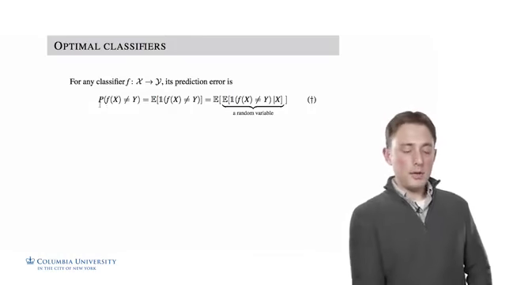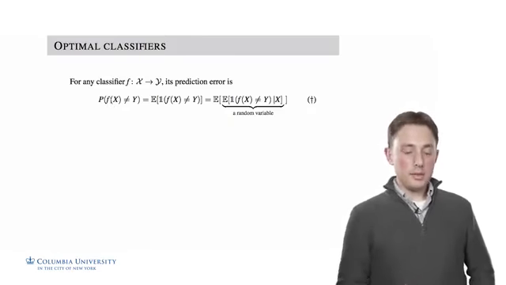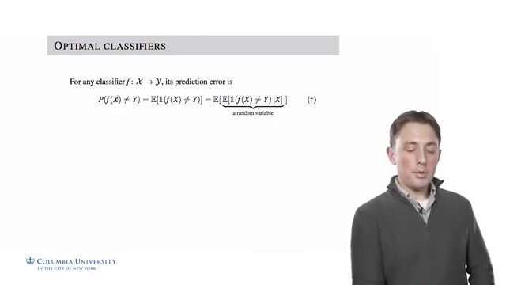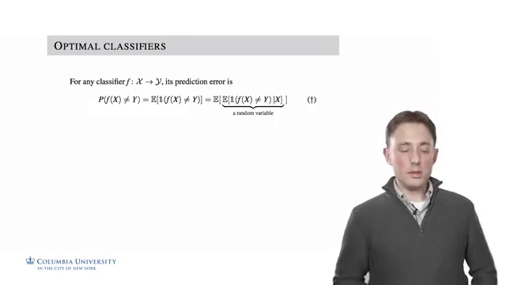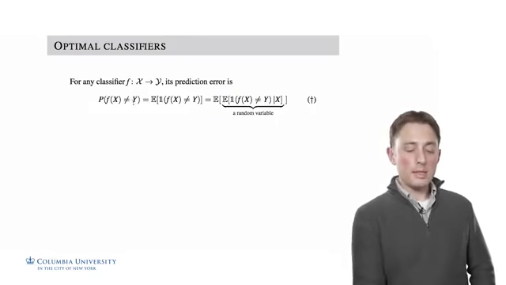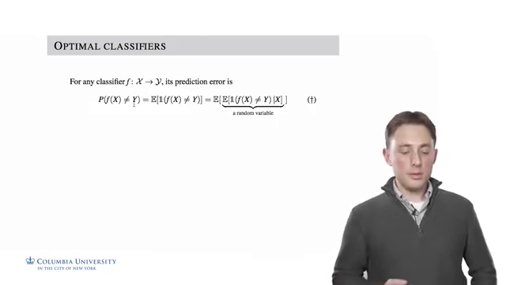Okay, so what we're saying here is that we want to minimize the probability that our classifier, whatever it is, does not predict the label of x to be equal to what its true label is. So remember that x and y are both generated randomly from some underlying distribution. They're independent from any other labeled pairs.